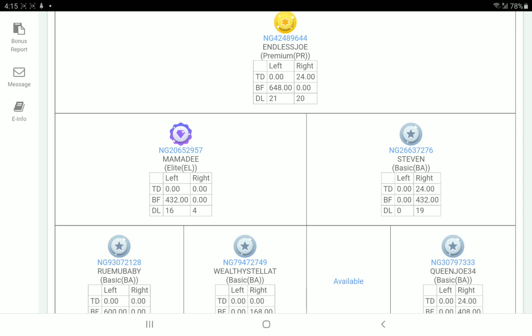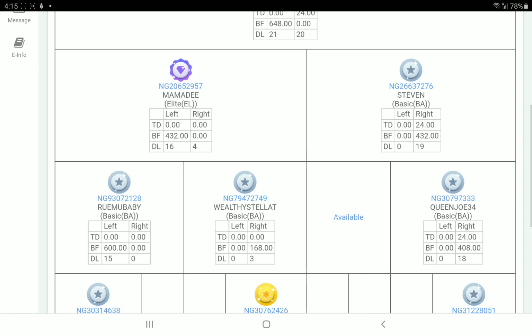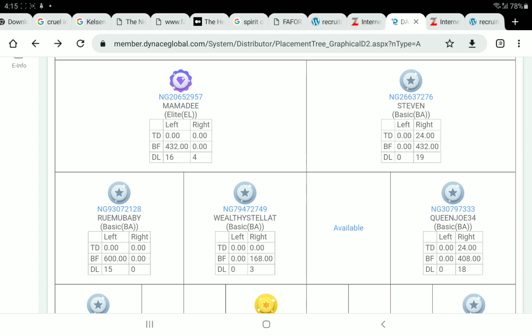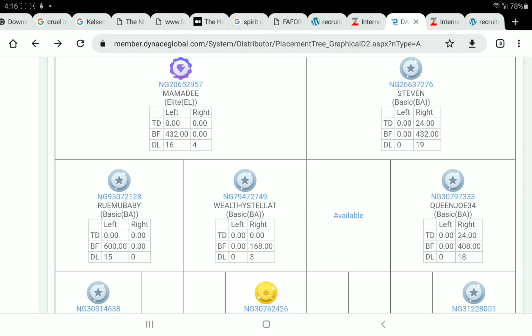Why? Because you want to balance a leg. So let's assume Endless Joe is the one that has this account called Mama D, and also has this account called Steven. So what most people do is this: when Endless Joe wants to do a registration, instead of registering under Remu Baby, let's say he did his registration under Stellat.